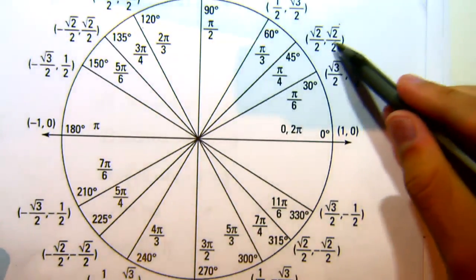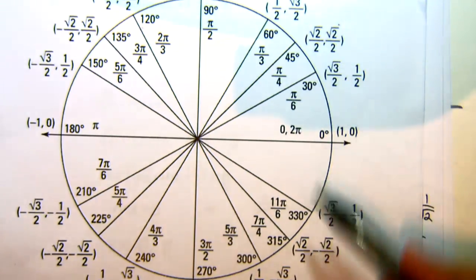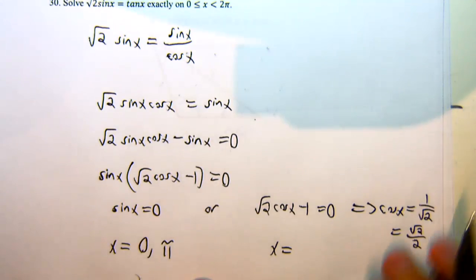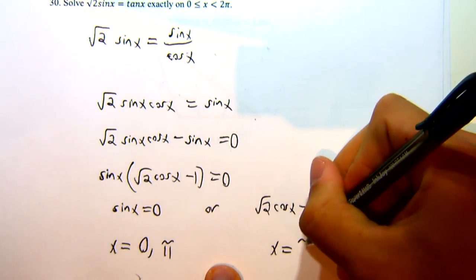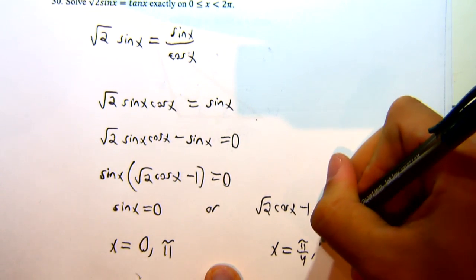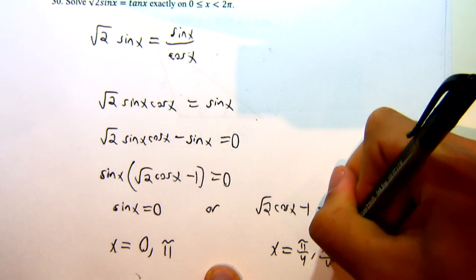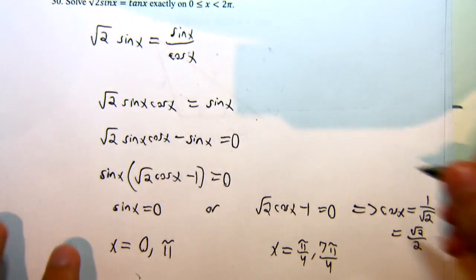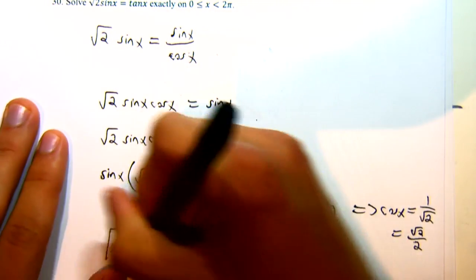So that's going to be at pi over 4 and also at 7 pi over 4. And that will be all our answers.